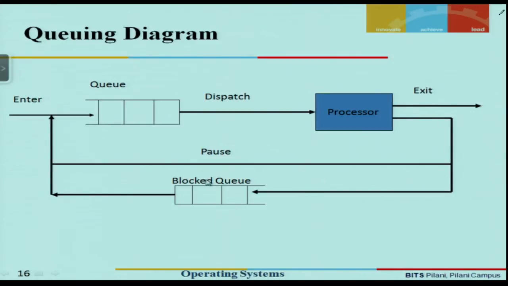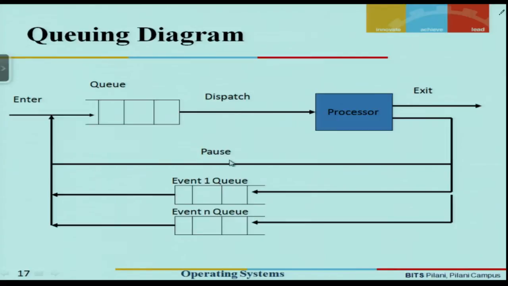We have another queue which holds the set of processes which are in blocked state. This queue corresponds to the ready state, and this queue corresponds to the blocked state. Both these queues can have multiple processes.